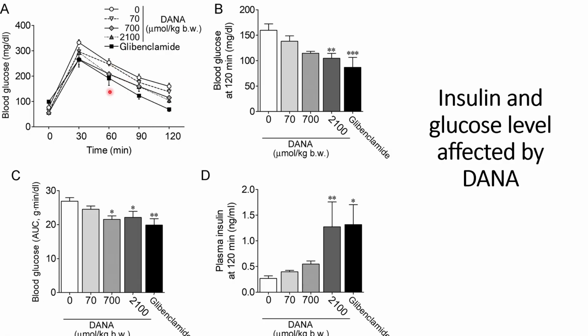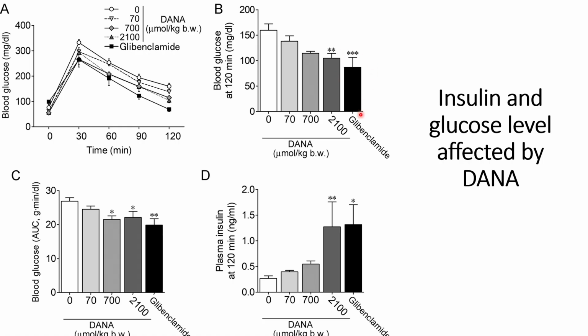The quantification of this is shown in panel B, where we can see that blood glucose levels go down, and that at 2100 micromolar per kg body weight the decrease in blood glucose levels is statistically significant.